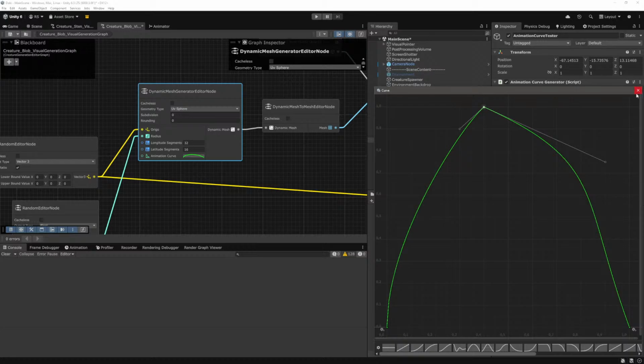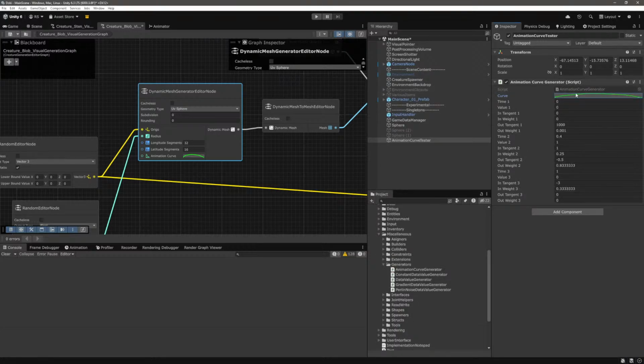So I guess what I would like to have here then is... Fucking hell. So if we have an in weight or in tangent of 0 and out tangent of 0, it's placed at 0.4. That means to the previous point it's 0.4, to the next point it's 0.6.